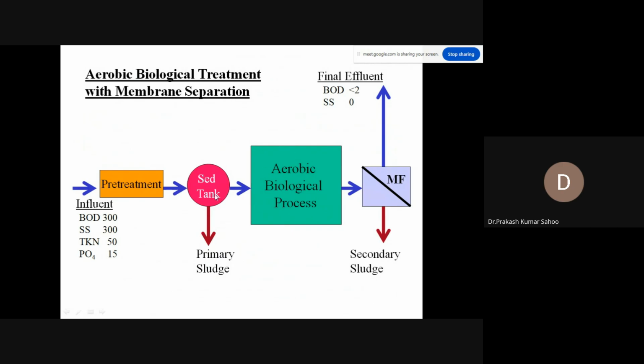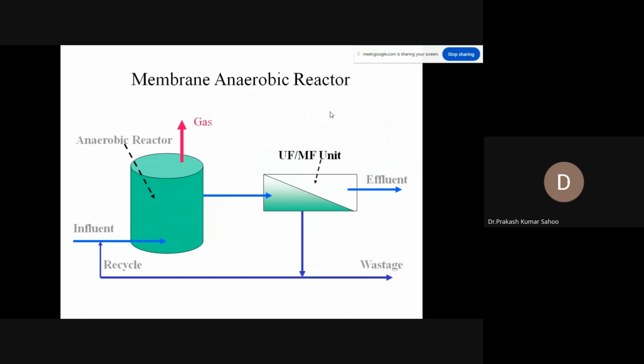So the sediment tank may be treated as the primary sludge, and your microfiltration is treated as the secondary sludge. Then after that, your final effluents are separated, that is your biological oxygen demand and suspended solid. Okay, so this is how your separation is made.